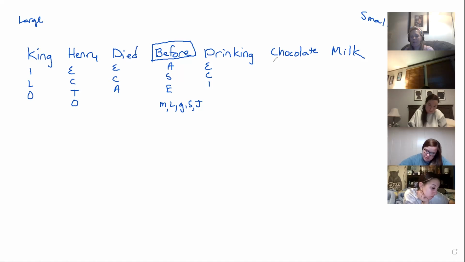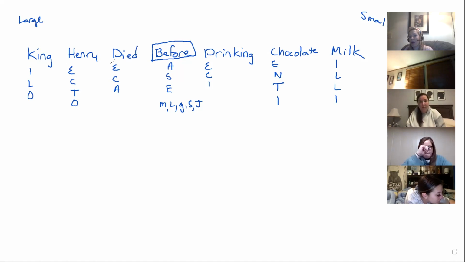Chocolate is centi. Think century, 100, a cent, like a penny is 100th. And then milk is milli. Okay. So King Henry died before drinking chocolate milk. These are all of the prefixes that I expect you to be able to work with pretty quickly.